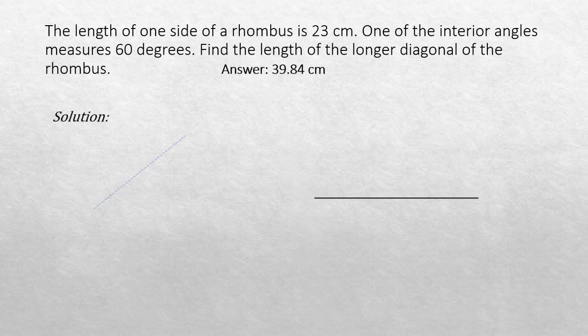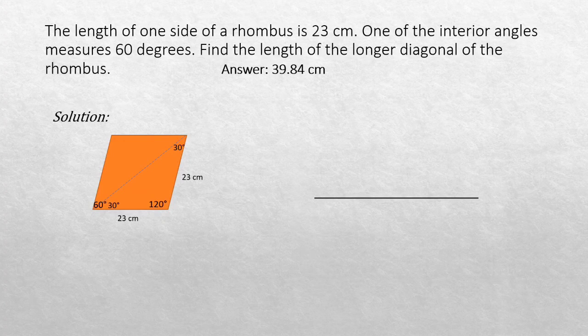So first, we must visualize the shape of a rhombus. Since it is not given, we must visualize it and know that a rhombus is a parallelogram with opposite equal acute angles and opposite equal obtuse angles, and that has four equal sides.